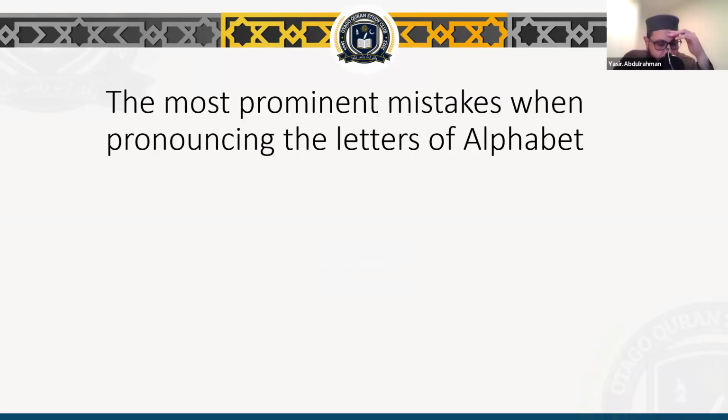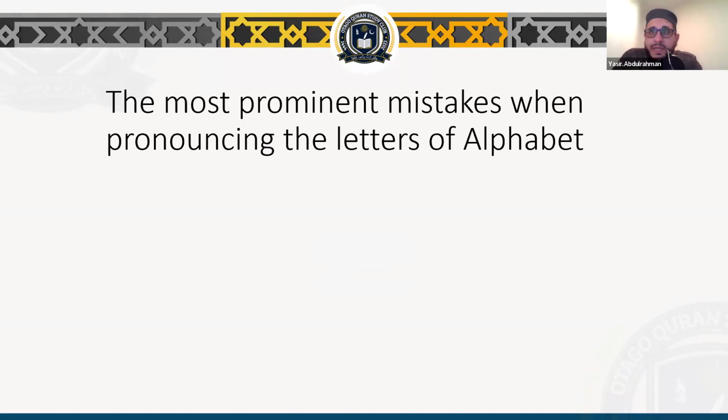The fourth common mistake is weakening it when stopping at it, or replacing it with an alif or a fatha. So if you say مالية, that's the ha at the end. Some people don't do that. It becomes مالية.